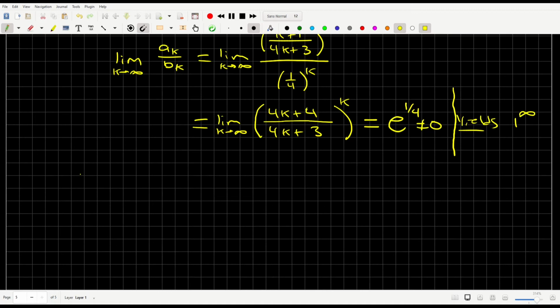So we have that then the sum of the bk's is the sum from k equals 1 to infinity of (1/4) to the k, which converges.